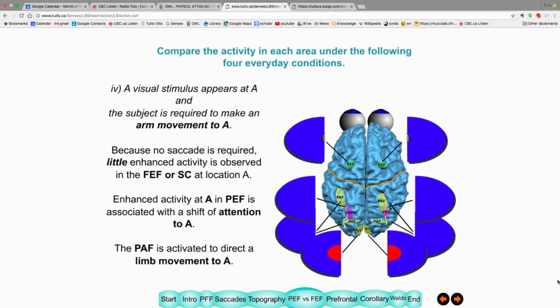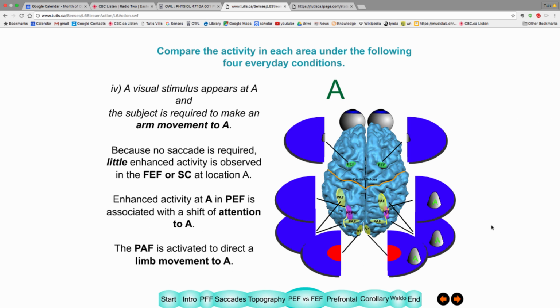So we saw that if only a visual stimulus appears, there's activity without attention, then only the V1 gets activated. If there's attention, then we get activity in the parietal eye field, and if there's a saccade, we get an activity here in the FEF. But what if, rather than make a saccade to it, we're asked to point to this A?